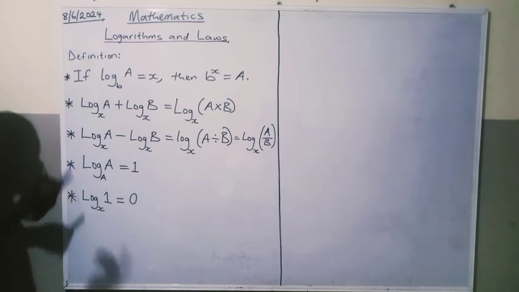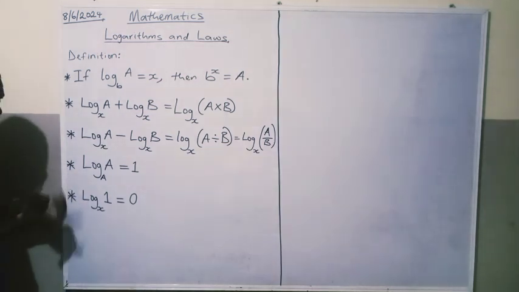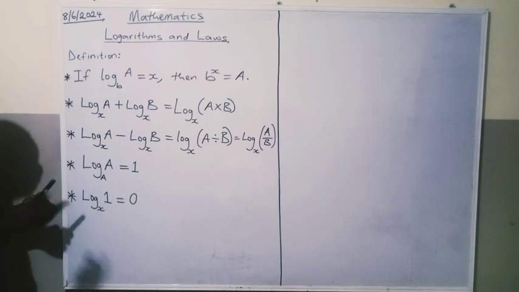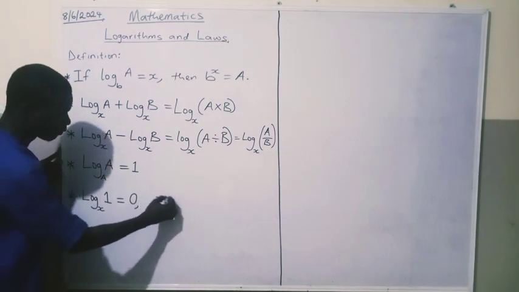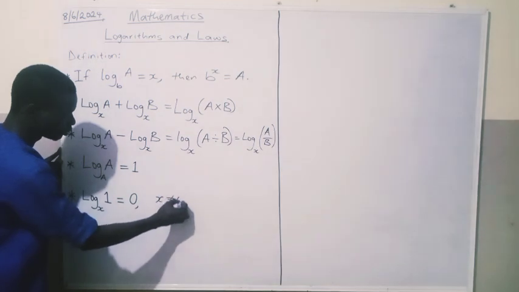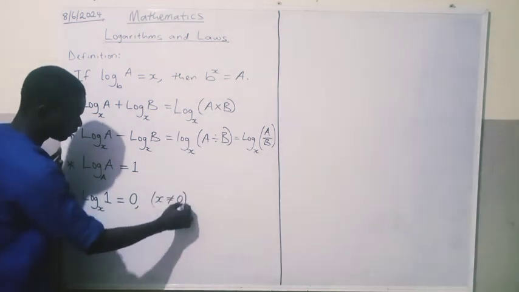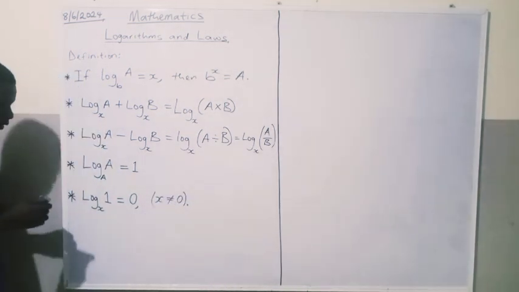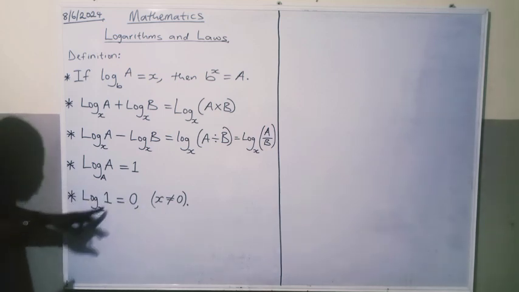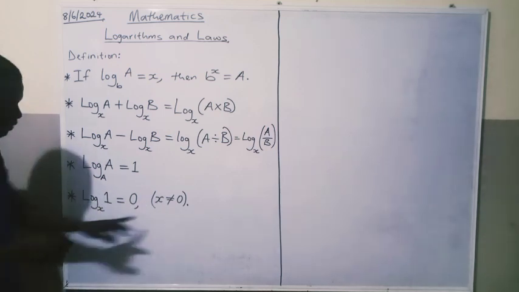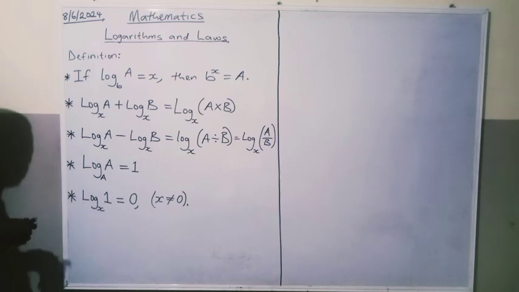But of course, for most of the laws, there's actually an exception. So for this one, the exception is that x must not be equal to 0. But for every other number apart from 0, when you have log 1 to that base, it is always going to be equal to 0.